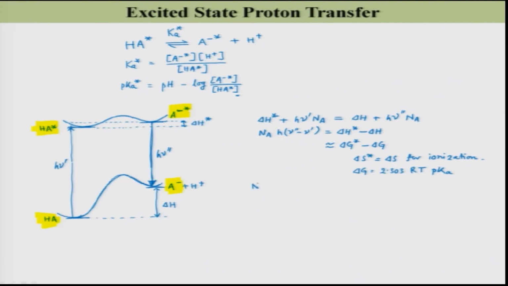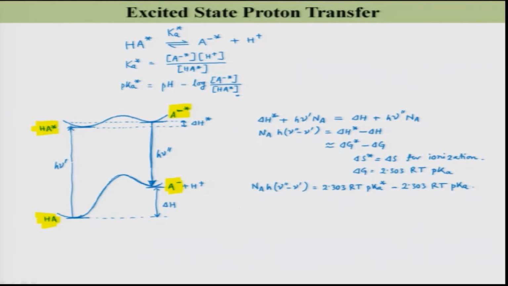So, Na H nu double prime minus nu prime is equal to 2.303 RT pK star, because it is in the excited state, minus 2.303 RT pK because it is in the ground state.